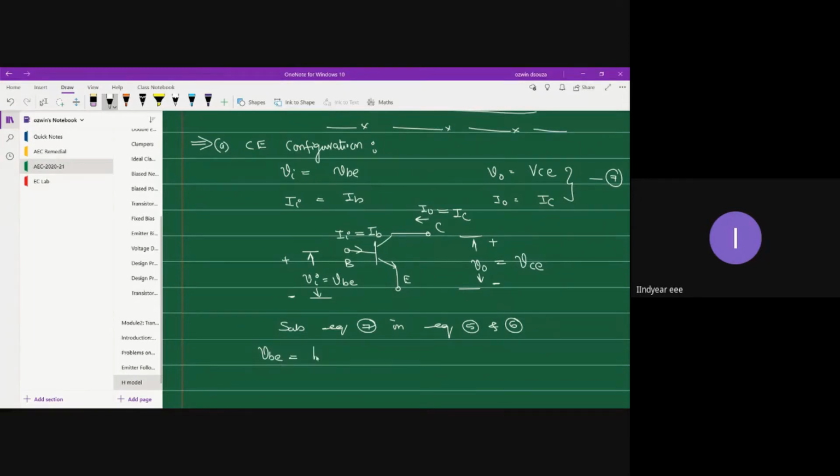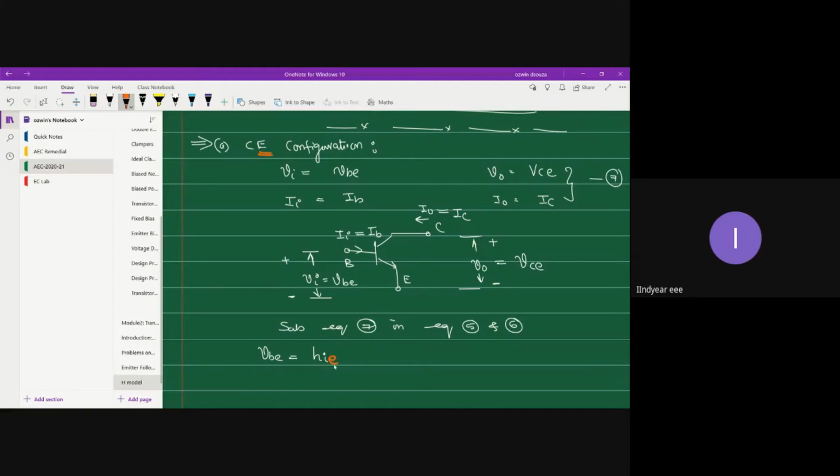Since I'm dealing with common emitter configuration, I will write E. So wherever you have an H parameter, you introduce E. HI becomes HIE, HF becomes HFE, and so on.